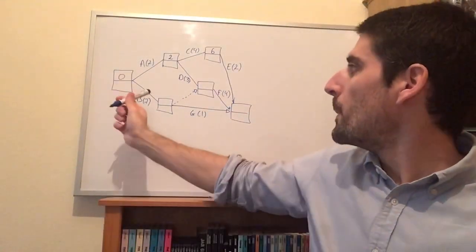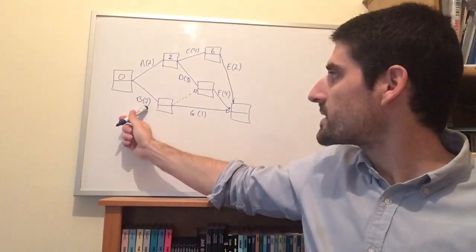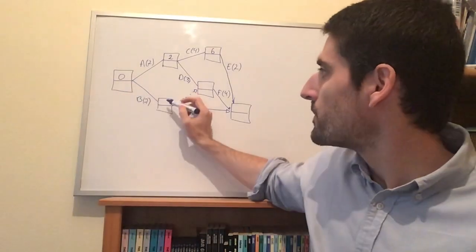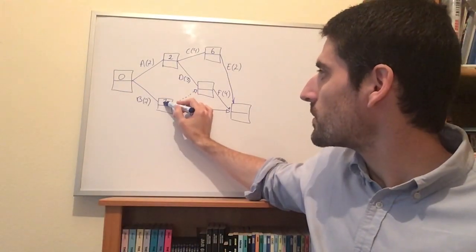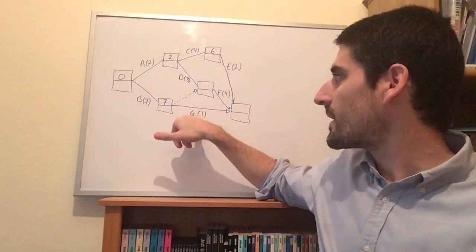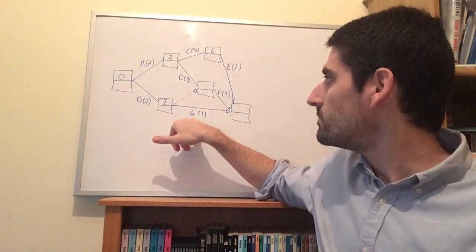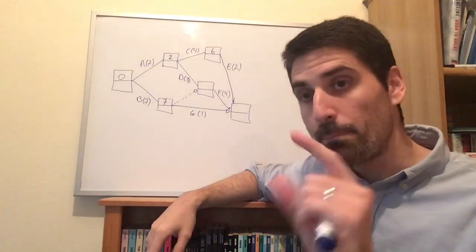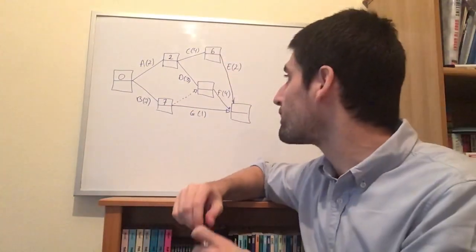Okay, B takes 7 hours to complete, so starting from 0, B takes 7 hours to complete, which means that the earliest I can start activity G is after 7 hours. Now here comes the bit that you need to be really careful.